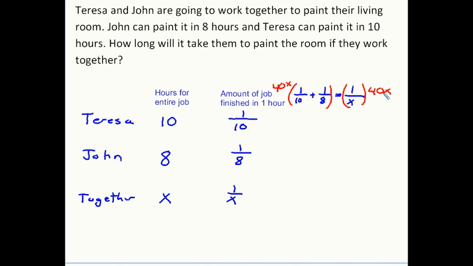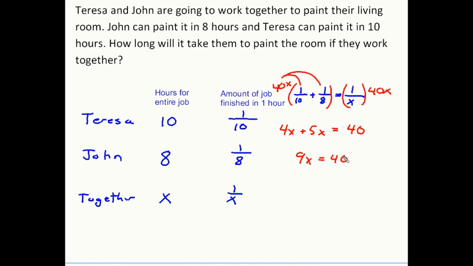When we distribute to the first one, we get 40x over 10, which is just 4x. Multiplying by the second one, we get 40x over 8, which is 5x. And over on the right side, the x's reduce and we get 40. So solving this, we get 9x equals 40.